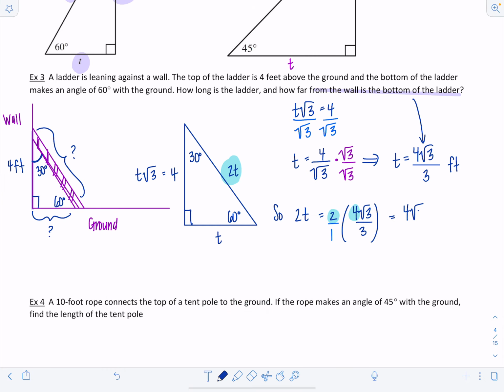And then you just bring that rad 3 along for the ride, and then in the denominator, I have 3 times 1, which is just 3. Oh, 2 times 4 is 8. Why did I write 4? 2 times 4 is 8. Rad 3 over 3. So it's 8 rad 3 over 3 feet. That's the length of the ladder. And it's 4 rad 3 over 3 feet away from the wall.